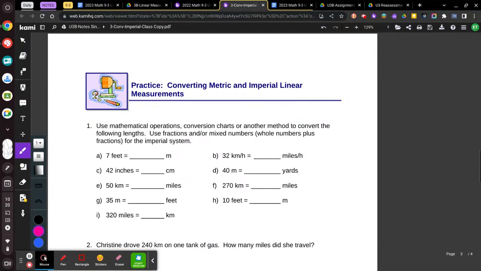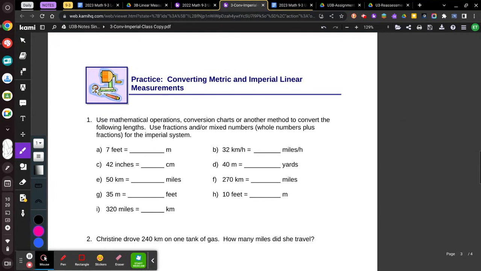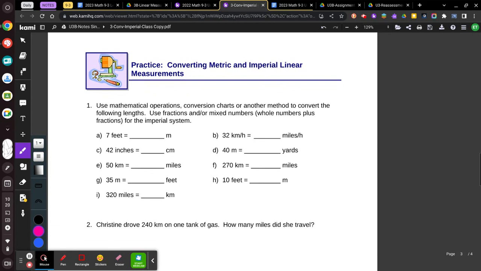All right, so we want feet to meters. We're just going to do a quick practice, and this is using that chart. So using the chart, I want feet to meters. So feet to meters is going to be times 0.305, and that's going to give me meters.